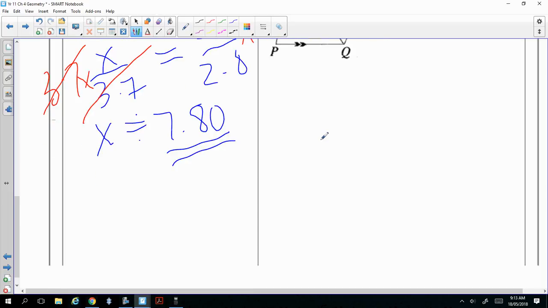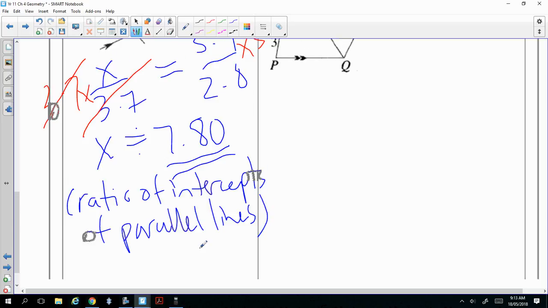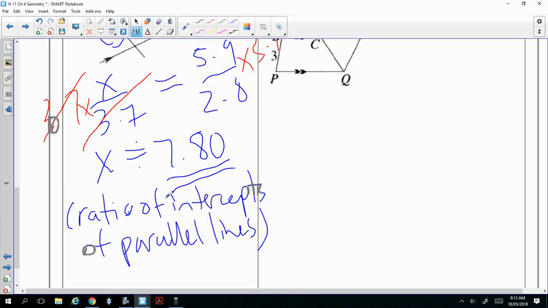The reason you give is ratio of intercepts of parallel lines. So not the ratio of matching sides in similar triangles, it's the ratio of intercepts on parallel lines.